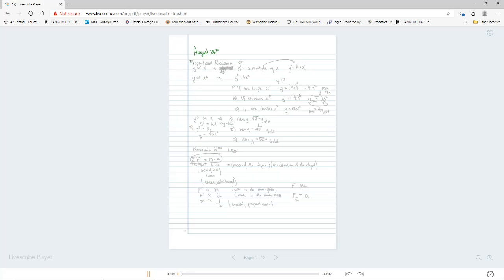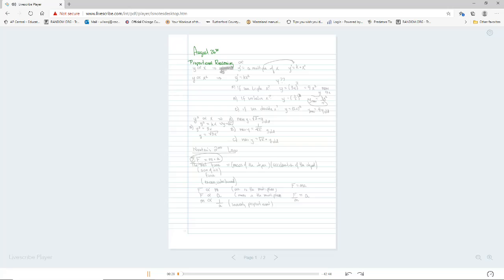So, proportional reasoning. Let's show you some symbology. I will zoom this up so that you can see that a little bit better. There we go. Proportional reasoning.